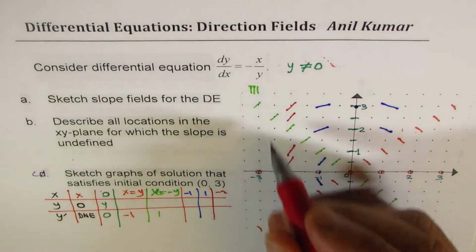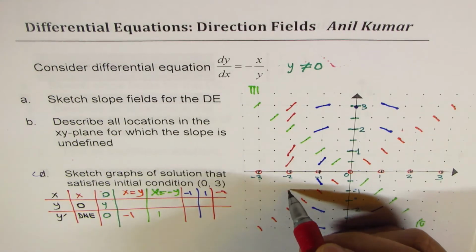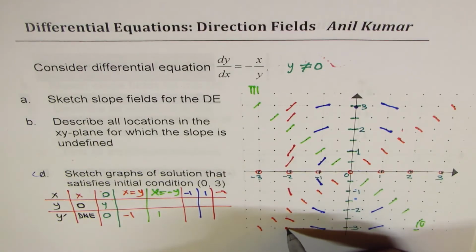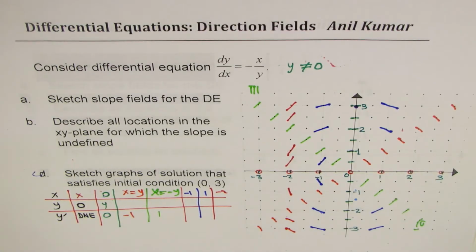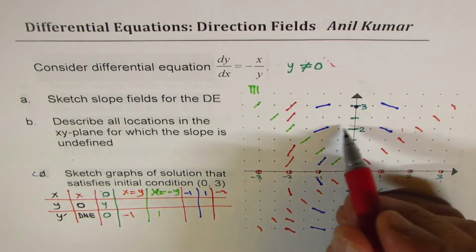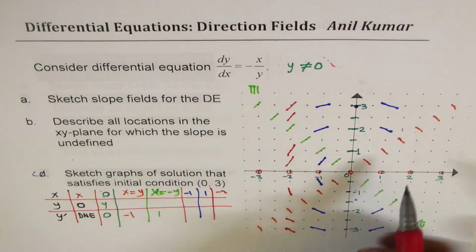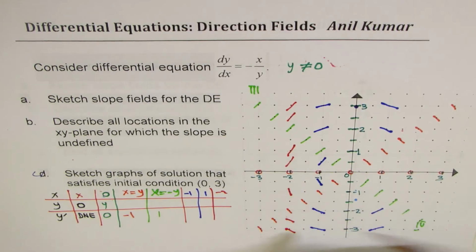It will be steeper than this. And as we go further down, the y value increases, so it becomes more horizontal. You get an idea. So what you see here is kind of a circle. Do you see the pattern here? Kind of a circle. So that is what we observe.